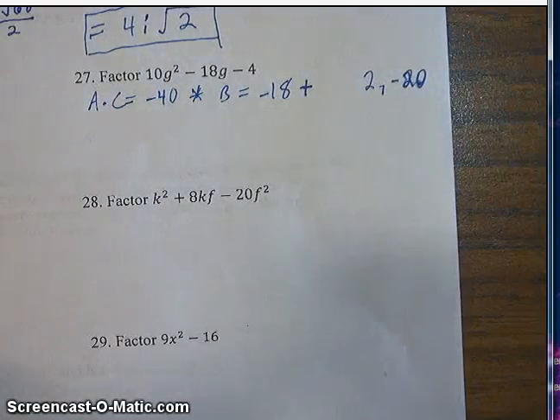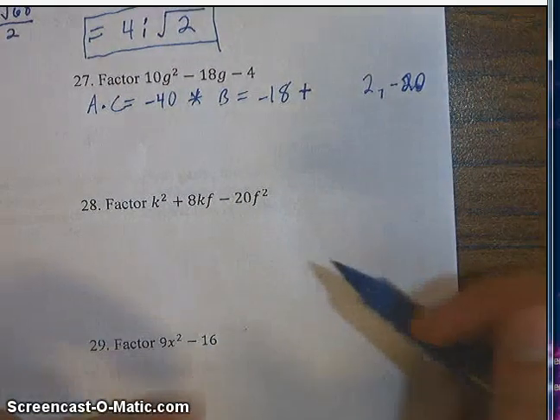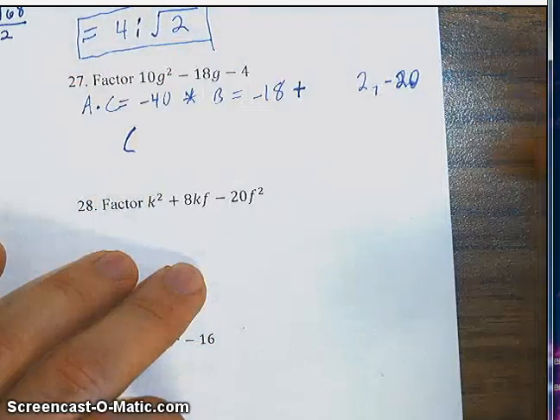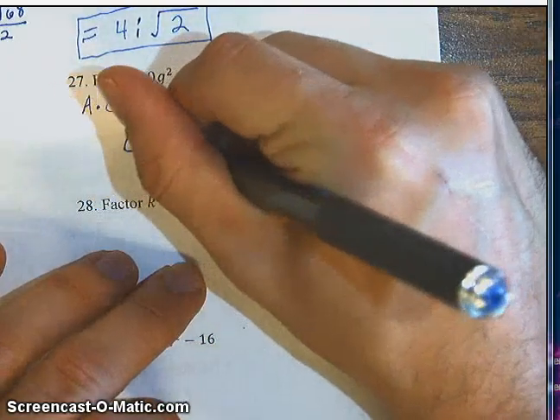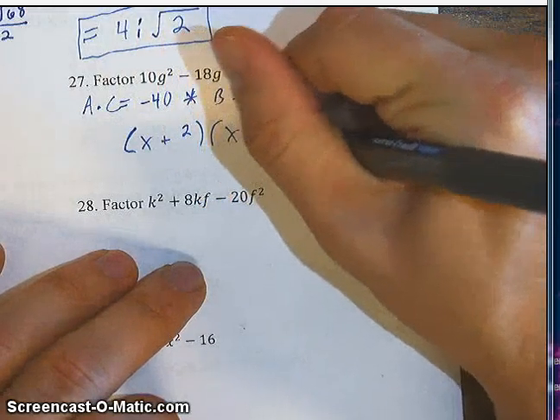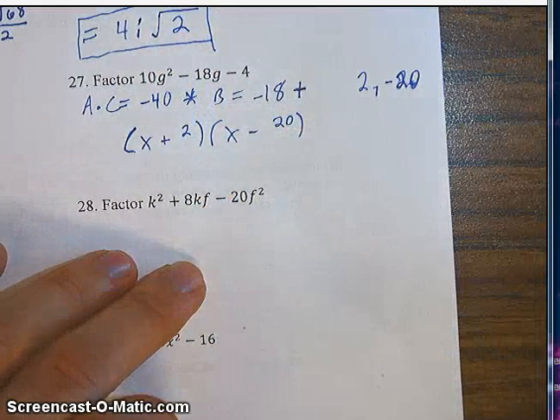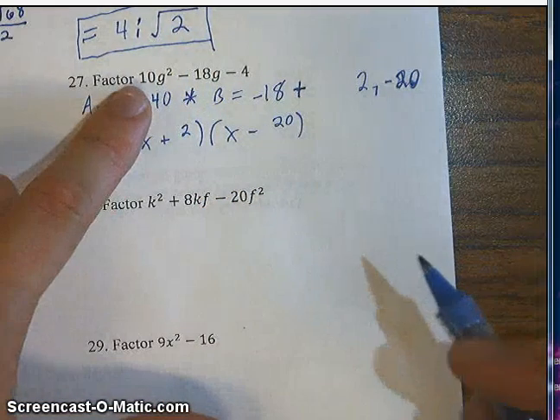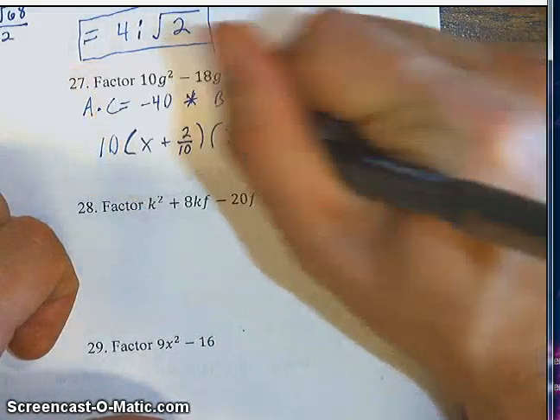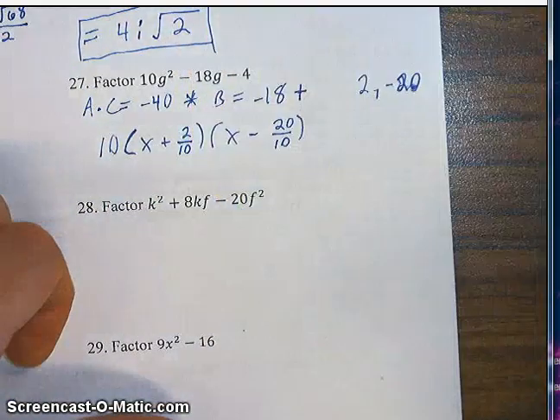So when I factor this thing, my factors are going to be x plus 2 and x minus 20. But then I've got this 10 in the front there, which means I need to write a 10 there, and there, and there.